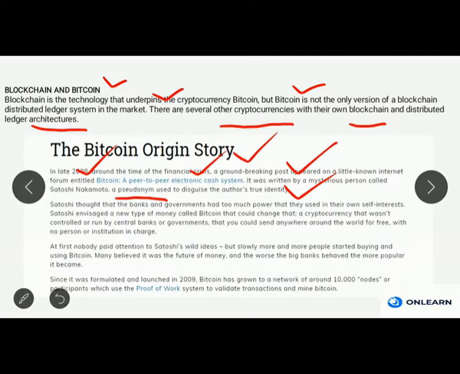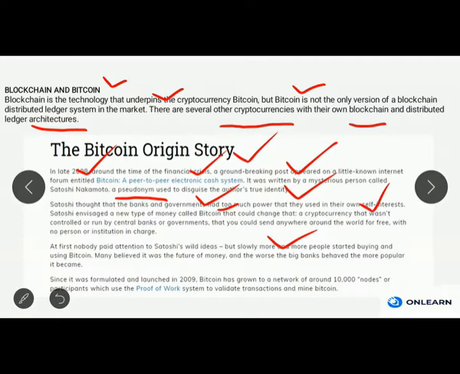So, that was a fake name, and Satoshi was using this article to enlighten us regarding the banking sector's and governments' too much power that they use for their own self-interest. Satoshi envisaged a new type of money called Bitcoin, and that is the origin story. Initially, Satoshi's idea was not taken seriously, but later it spread like wildfire and Bitcoin became a huge economic hit.